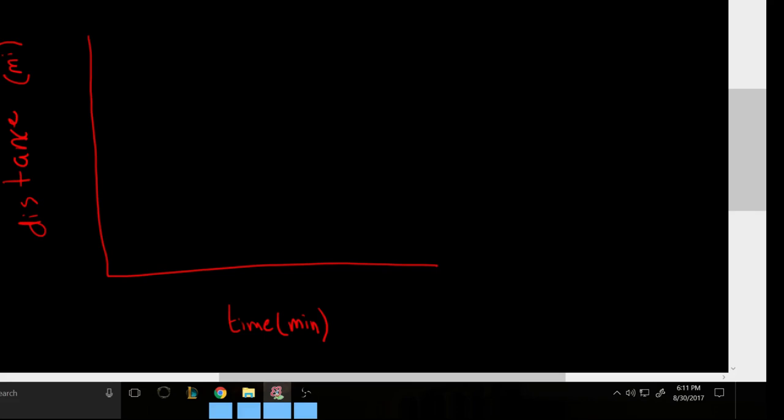Again, it doesn't give us an exact distance, so it's going to be hard to label the y portion of this, but we can definitely label the x. Alright, that should be enough. So I'm just going to go by 2's.